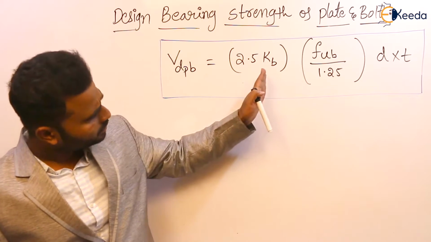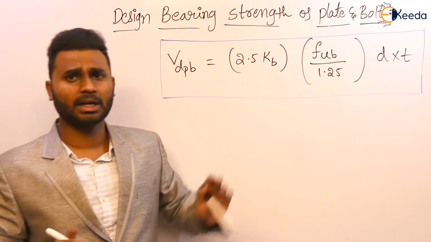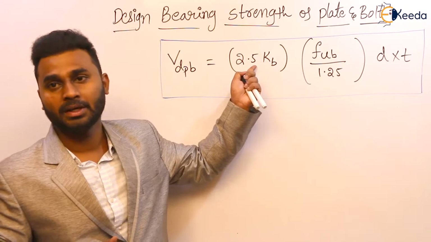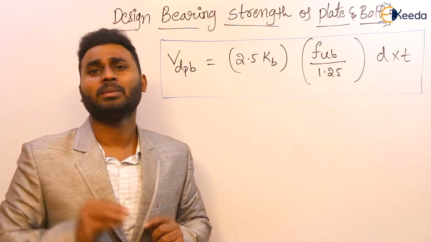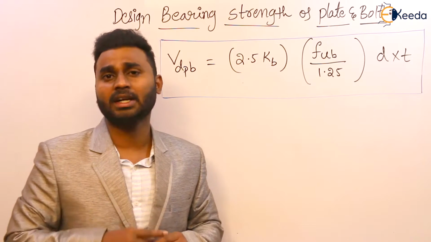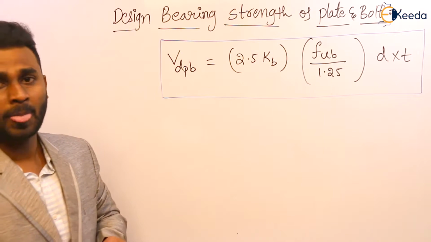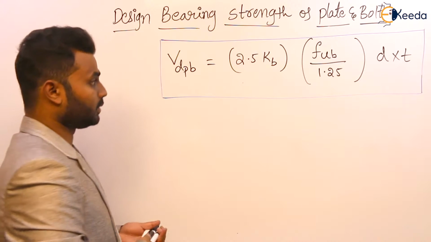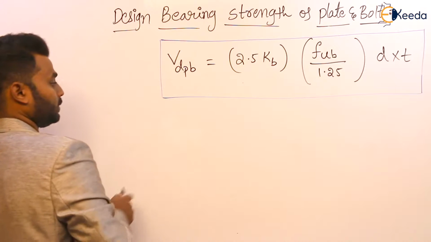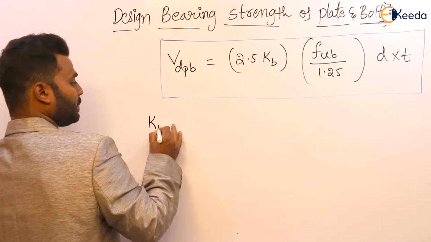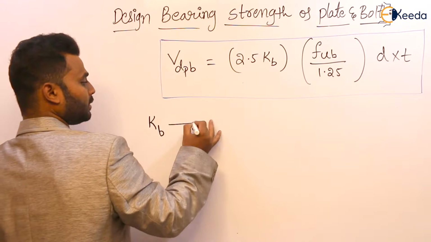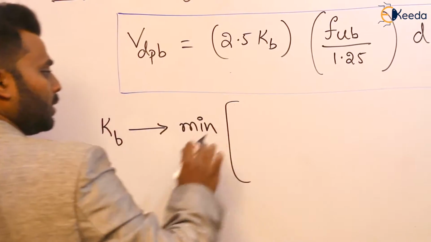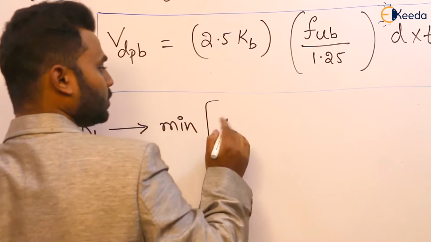So now let us come to the terms in this formula. First, the unknown term here is kb. Simply, kb is a mathematical term that depends upon some factors. So what are those factors? Let us see. kb is the minimum of some terms.